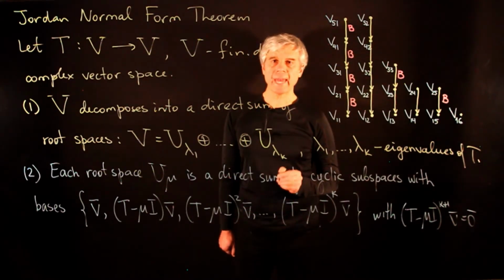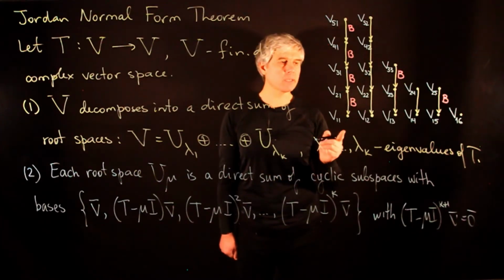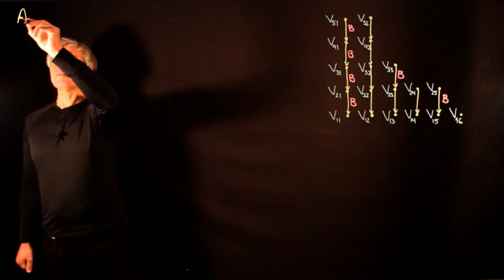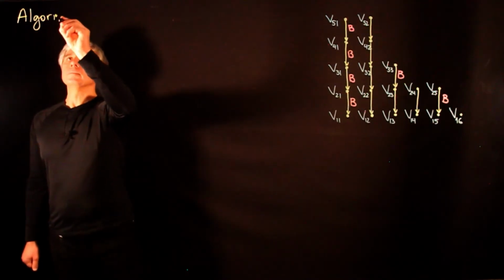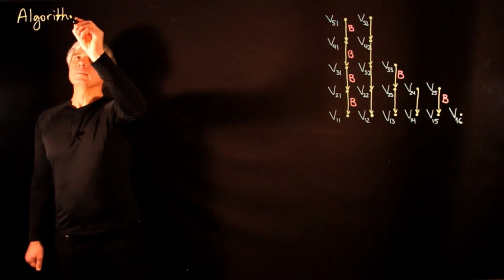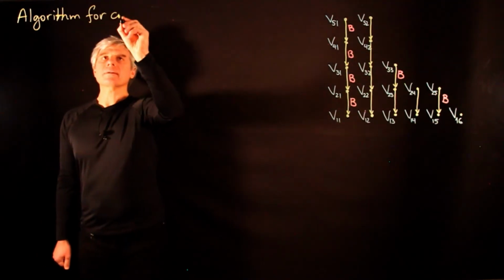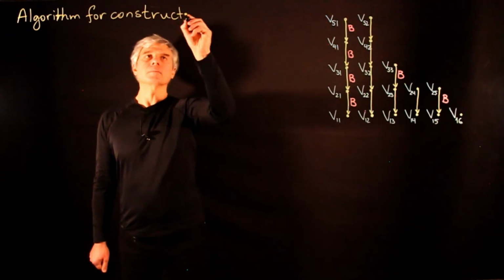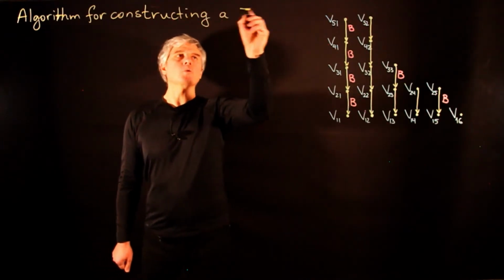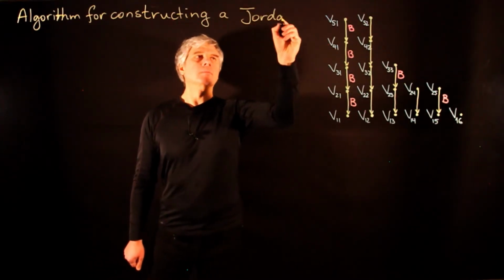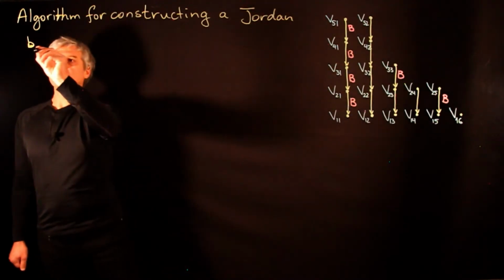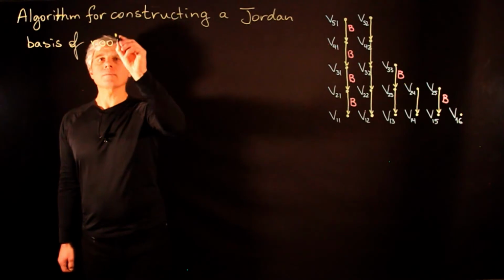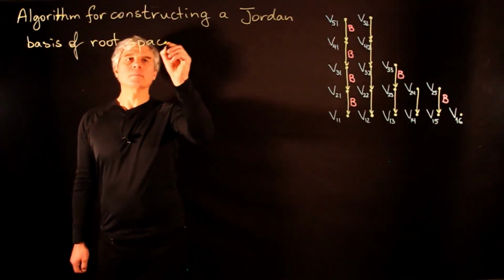Let us recall the algorithm for constructing these strands that we discussed in the previous lecture. Algorithm for constructing a Jordan basis of root space U_mu.